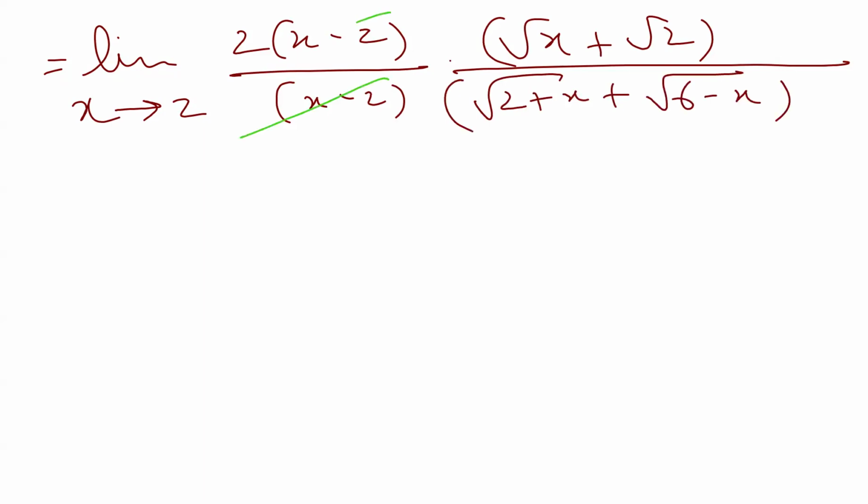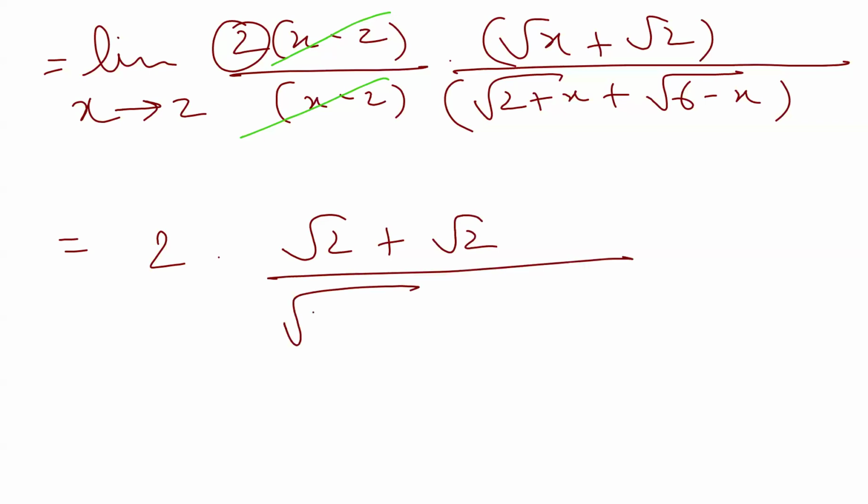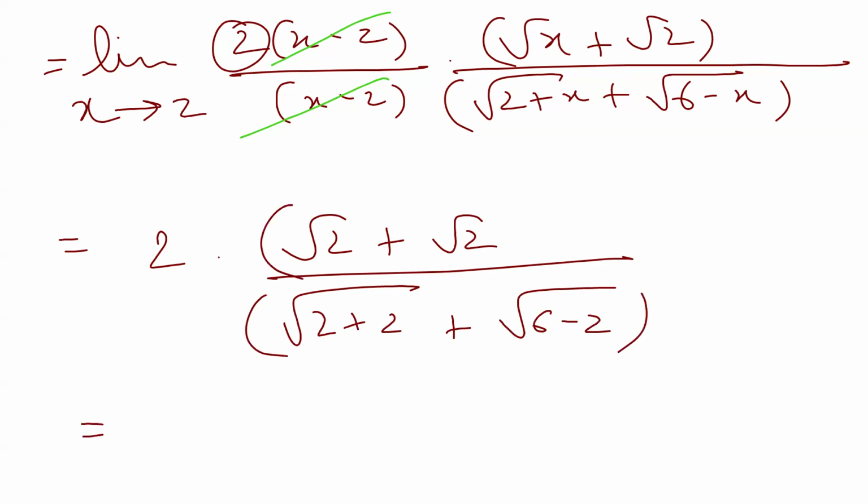So cancel these terms. The limit of a constant is constant, so you can put the value of x as 2, because if you put the value of x as 2, the denominator entirely does not turn out to be 0.